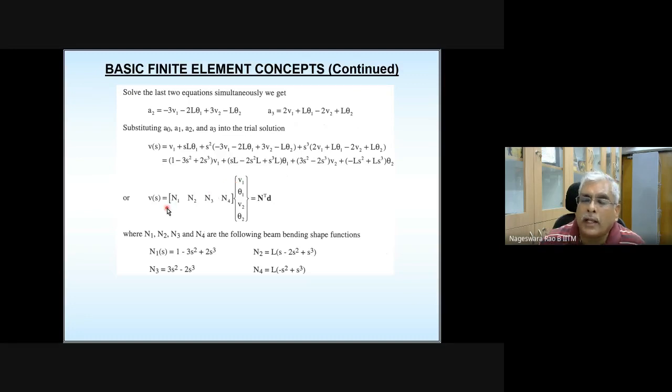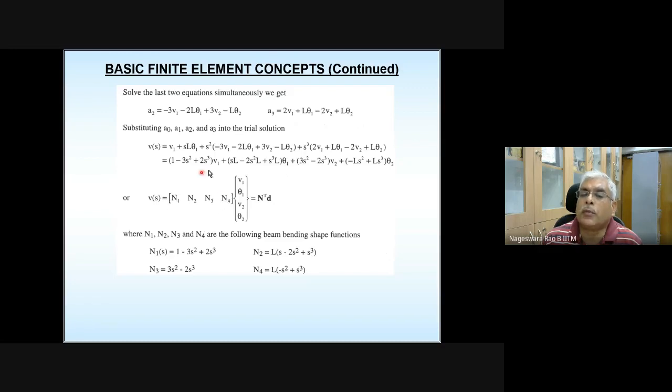Then you get the interpolating functions or shape functions. The terms for which V1 is common, if you group them, that results in N1. Whatever terms have theta 1 common, if you group them, that results in N2. Similarly, N3, N4.